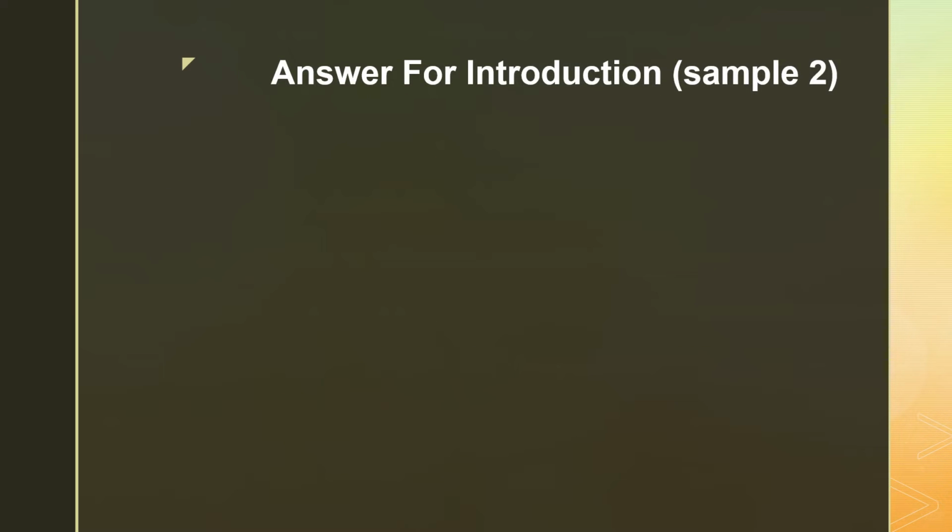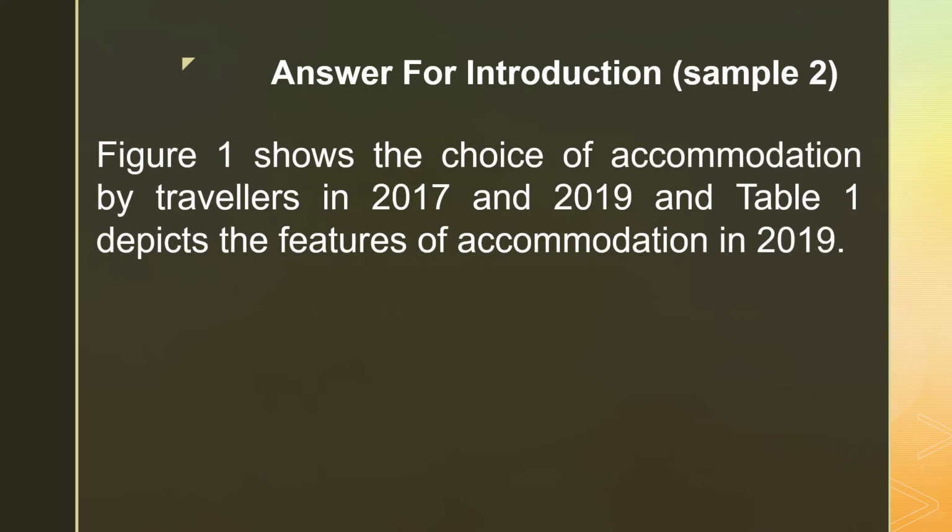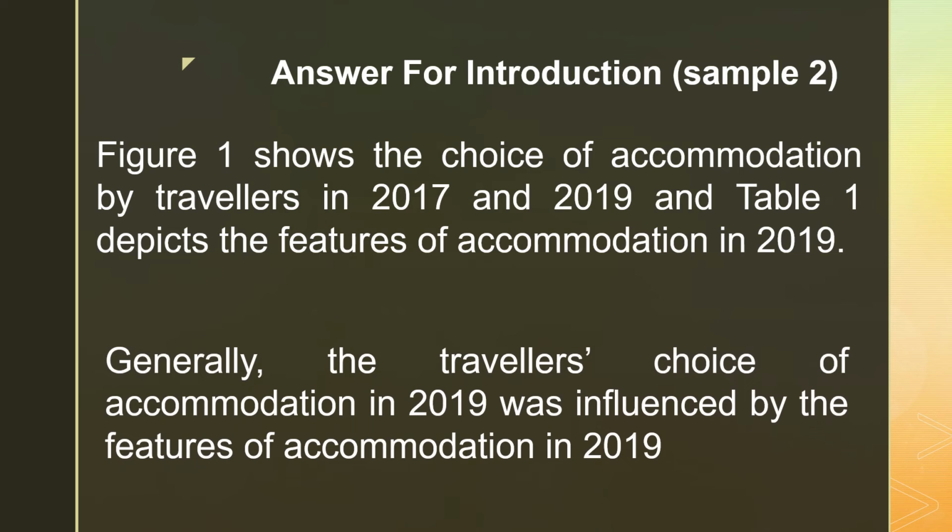Next. Another example for introduction. Okay, figure 1 shows the choice of accommodation by travelers in 2017 and 2019, and table 1 depicts the features of accommodation in 2019. Now, this is the overview.